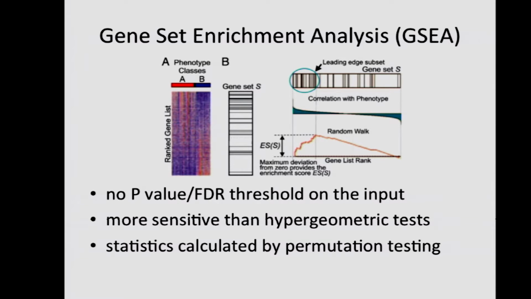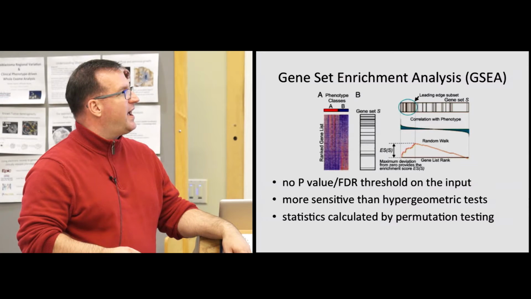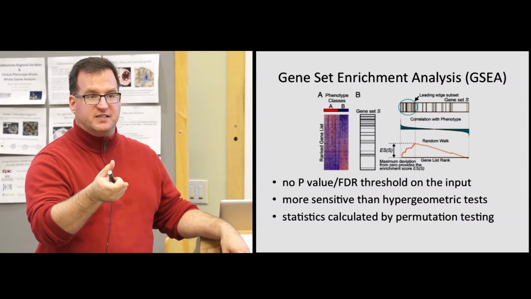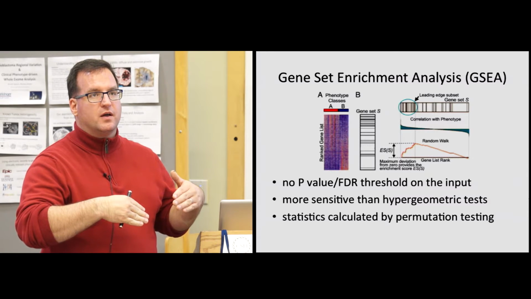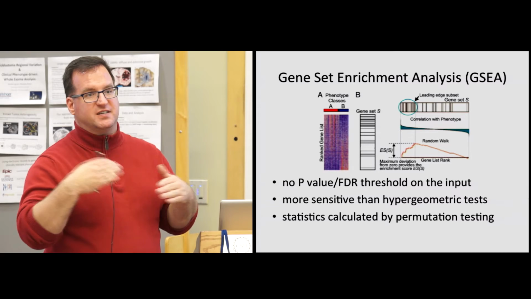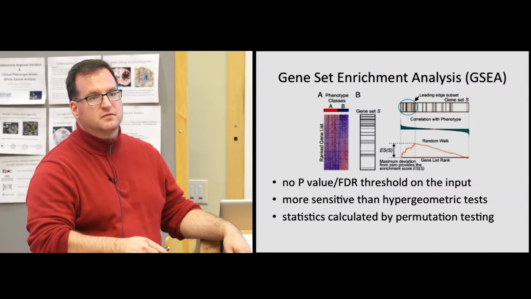The random walk, the way that plot is constructed is what exactly? Every time you find one of the lines? Yeah, so right. This is an enrichment score that says how much, very much like the overrepresentation that we just looked at, how much excess is there in the set versus not in the set, having gone as far as I've gone so far.